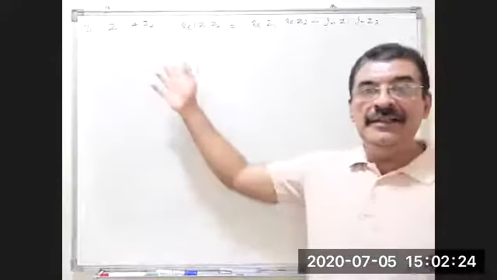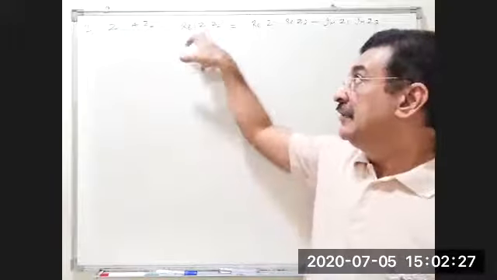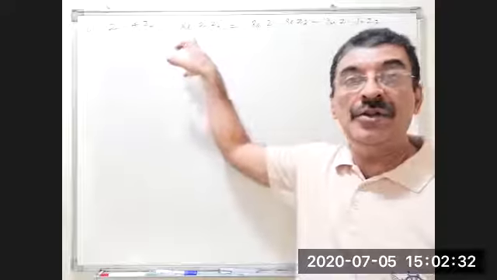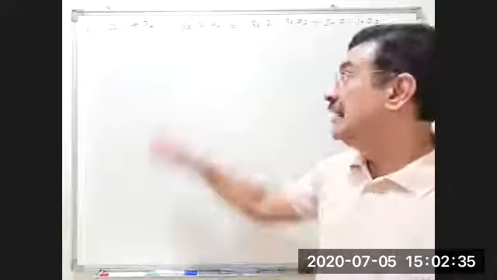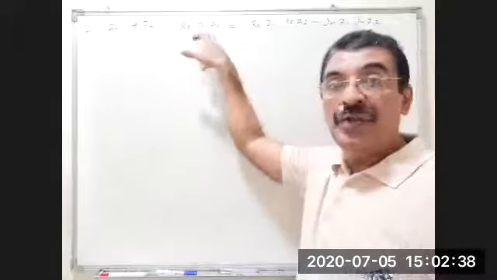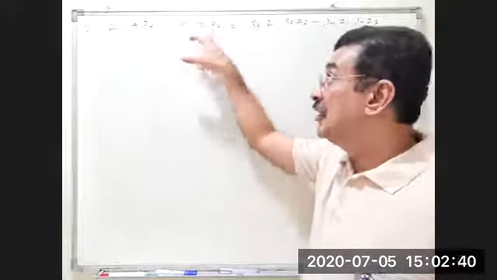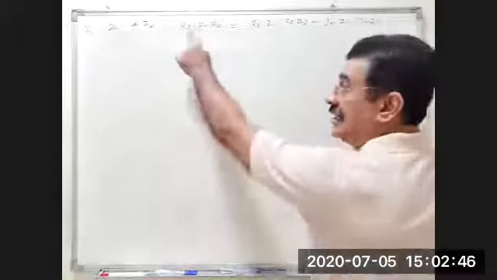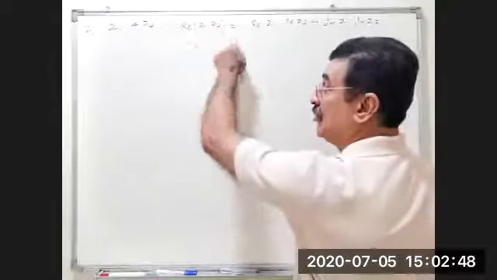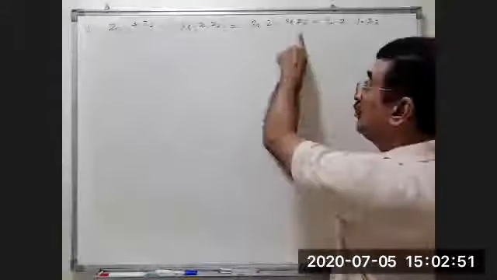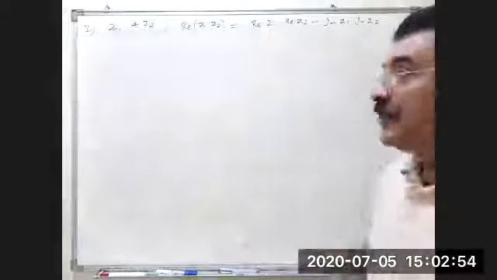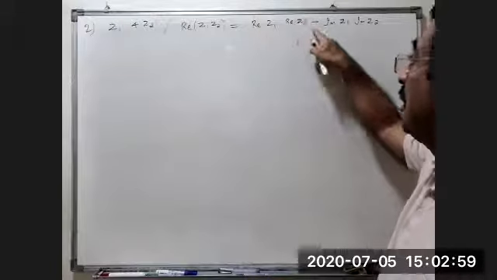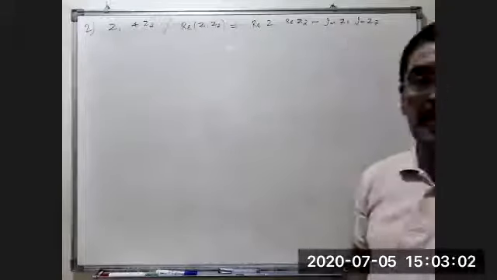If you are reading this in a sentence, z1 z2 means the product of two complex numbers. So real of z1 z2, how will you read it? Real part of the product of two complex numbers is the product of their real parts minus the product of their imaginary parts.